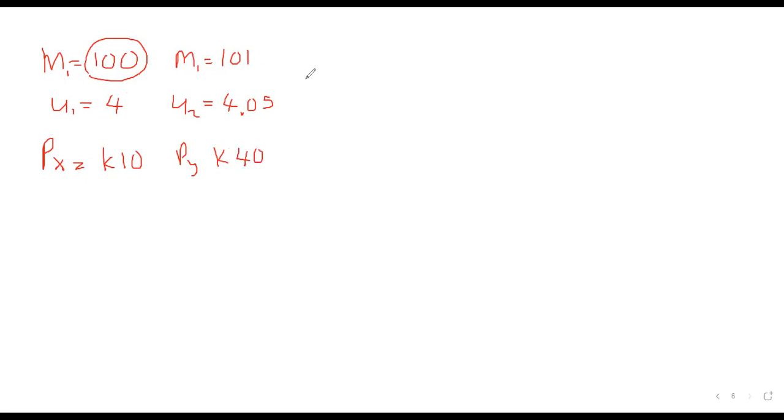What's the formula for the budget line? It's M, or I, is equal to PX plus PY. Price of X plus price of Y. Okay. So at this point, what do we substitute? What is our M?